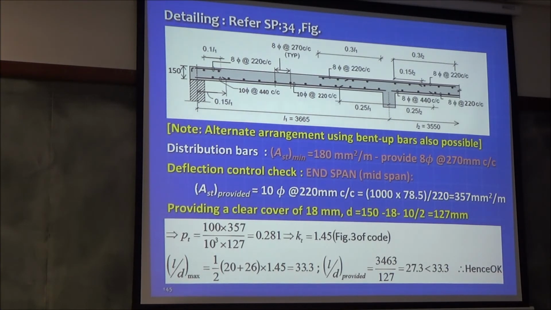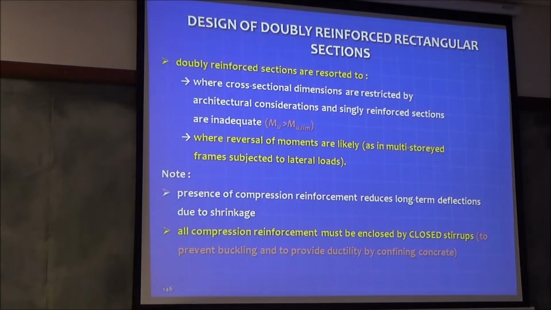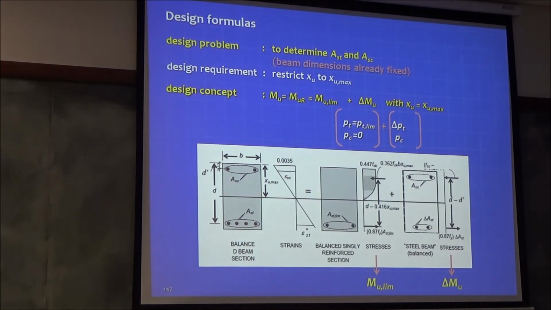Now you have a lot of support. You can do it manually. Doubly reinforced sections, you can go through it, where you have to put closed stirrups. The U shape won't work here. And the design problem is to determine ASC and AST and to restrict XU to XU max. So this is how we normally do it.